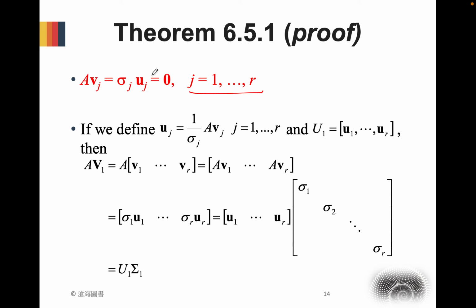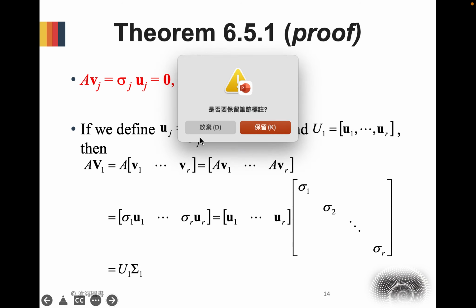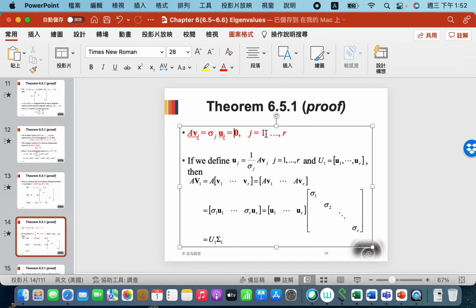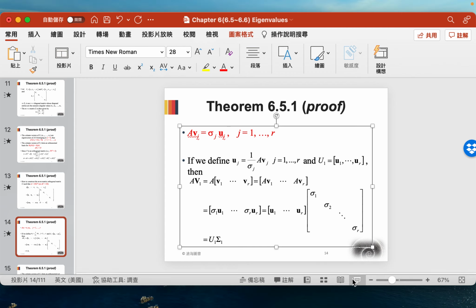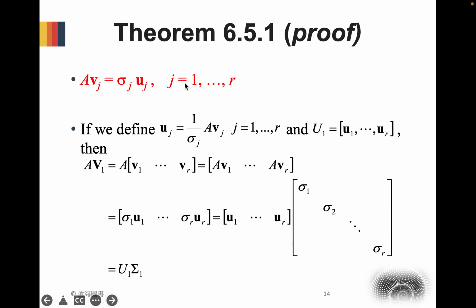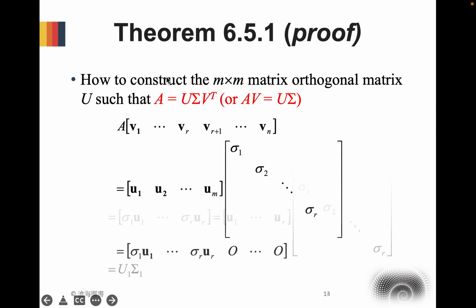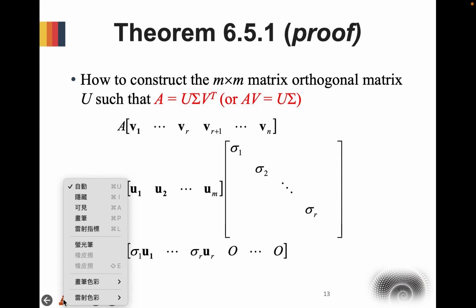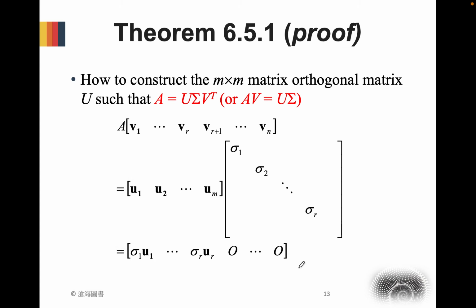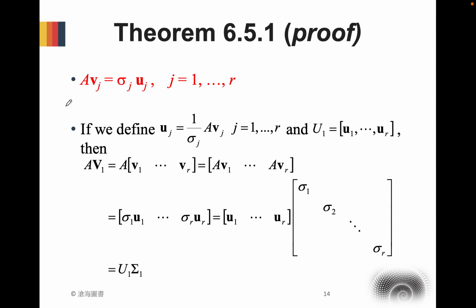Oh, sorry, we cannot write down 0 here. This should be correct, because for the first R eigenvectors, A Vj is equal to sigma j Uj. Here, the first R values would not be 0.